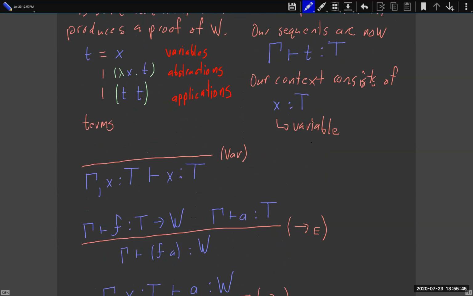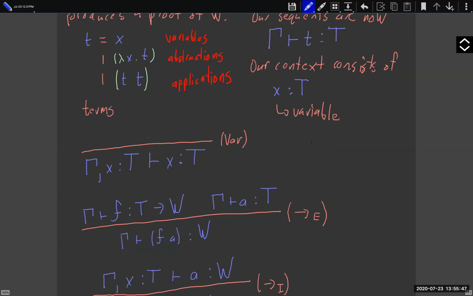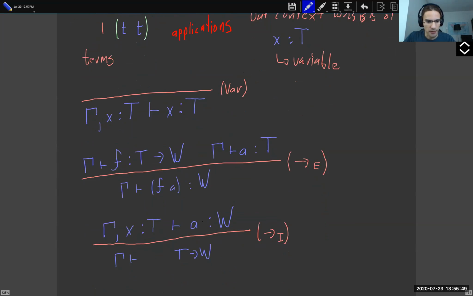Yeah, it's a lambda x on A. Exactly. And then I write a colon between them. That's what sequents look like.